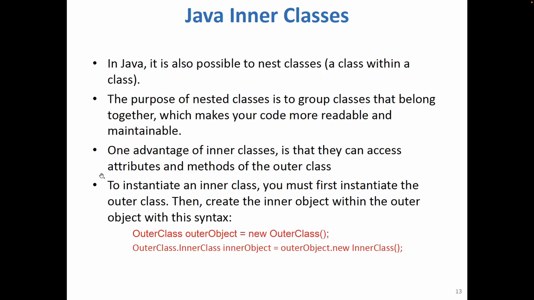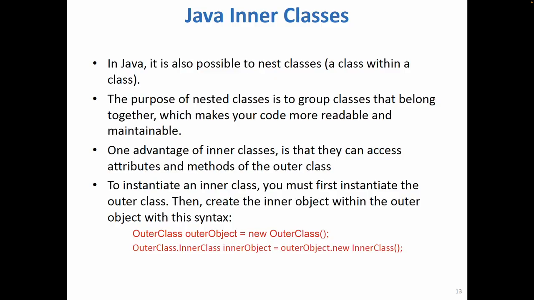All right. So now, after this demonstration, let's go back to our slides. Let me check if I missed anything here. How can we initialize an inner class outside the outer class?